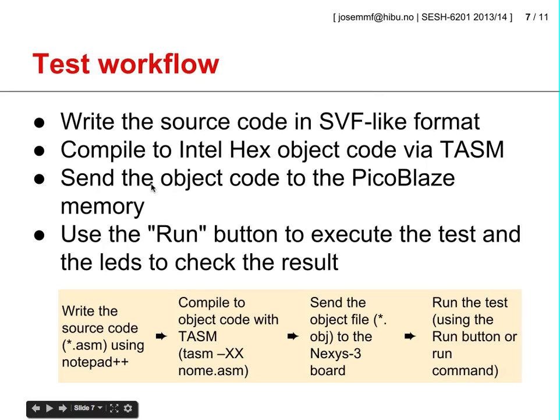And this text file comprising the object code will then be sent using the communications channel of your choice to the PicoBlaze memory. Finally, when we press the Run button, the test program will be executed and the LEDs will display the result.